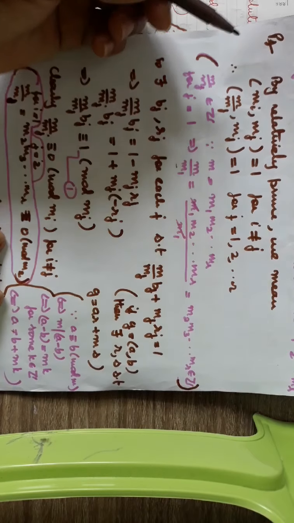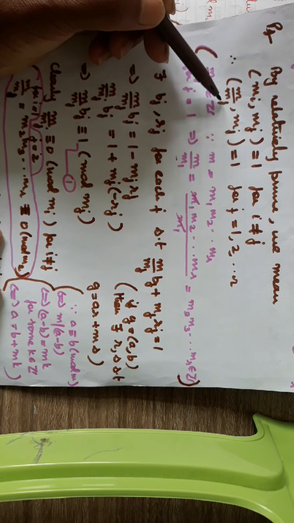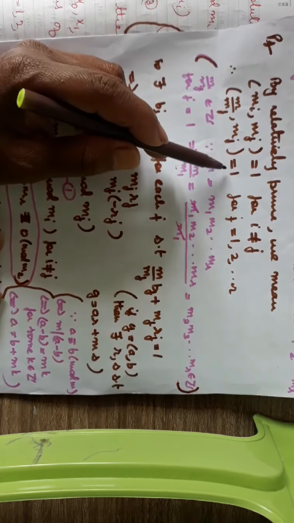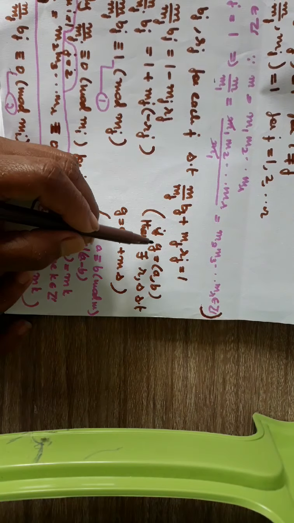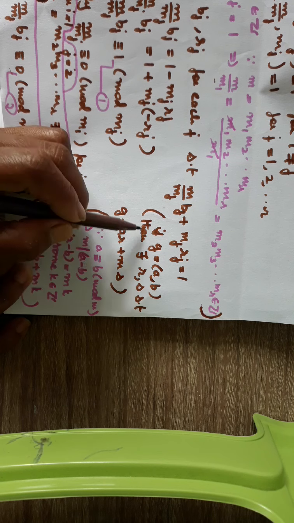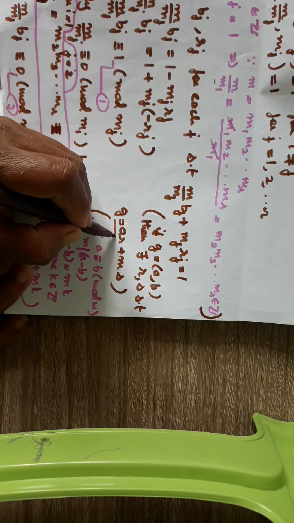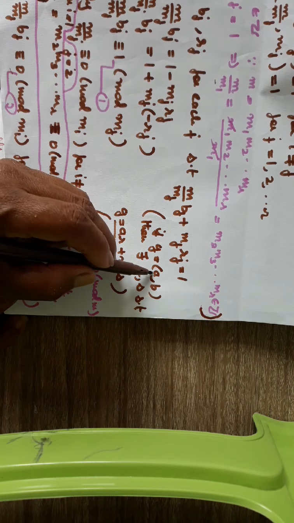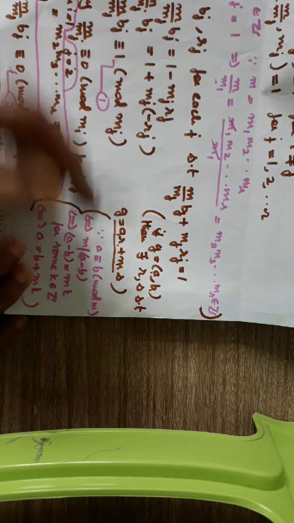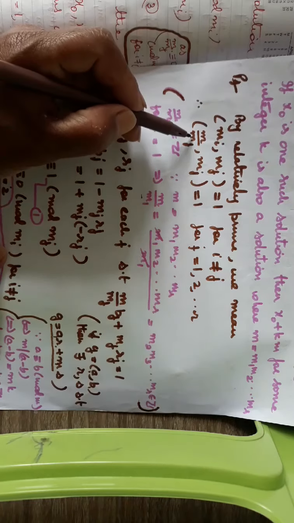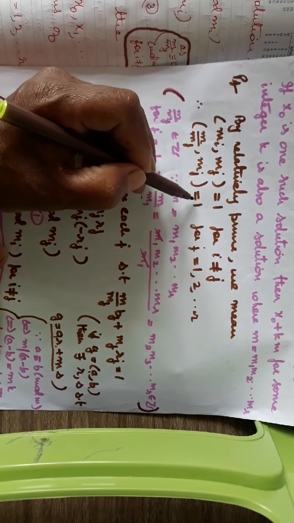So since GCD of m by mj with mj is equal to 1, by one of the properties of GCD, if g is equal to GCD of a and b, then there exist r and s such that g can be expressed as a linear combination of a and b, that is ar plus bs. So similarly here, the GCD of m by mj and mj is equal to 1.